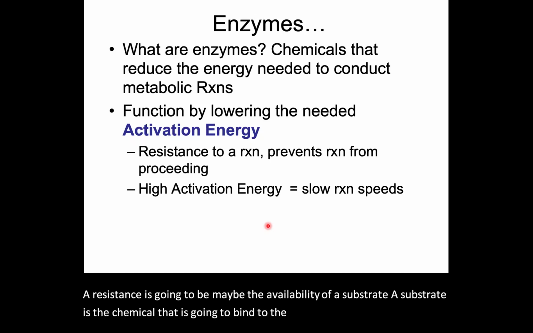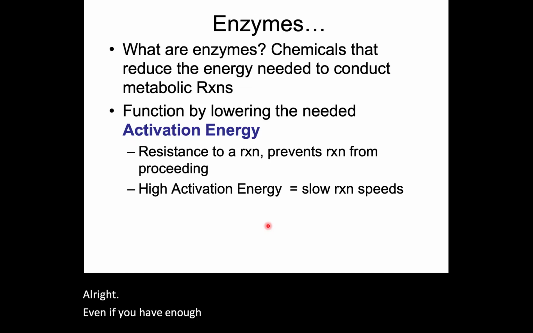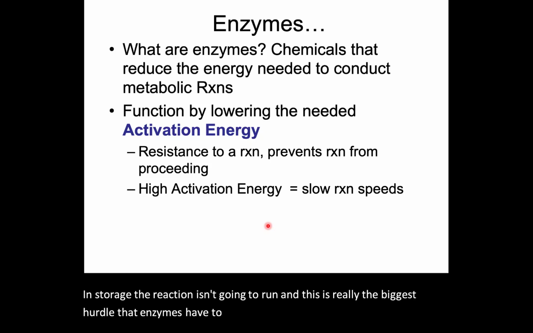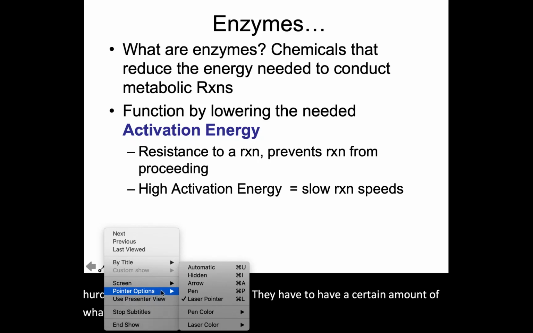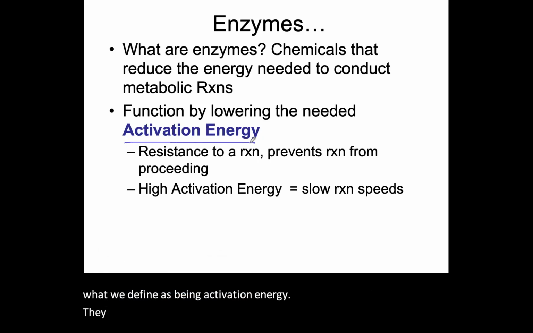If you don't have enough of that substrate, the reaction won't run. Even if you have enough substrate, if you don't have enough energy in storage, the reaction isn't going to run. And this is really the biggest hurdle that enzymes have to cross. They have to have a certain level of activation energy in order to run the reaction.